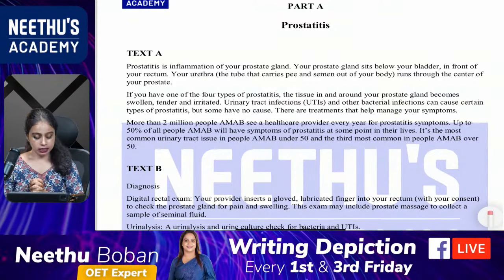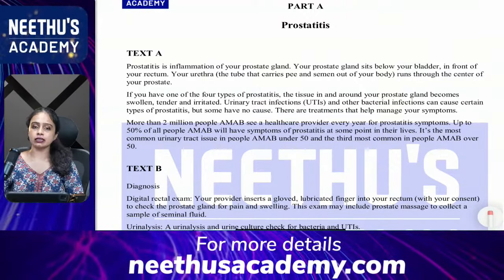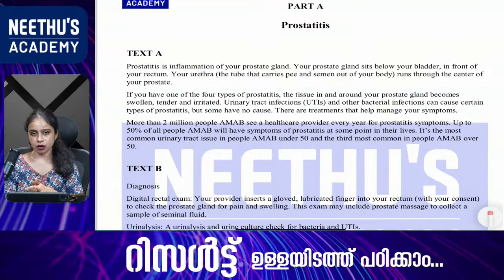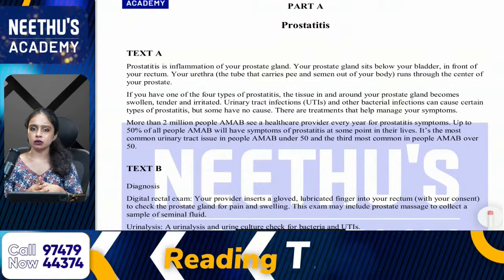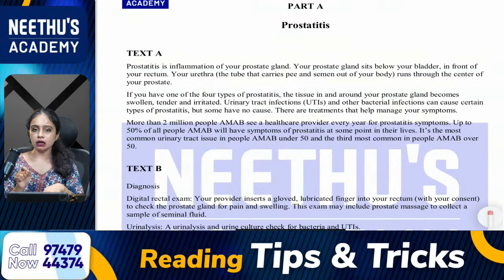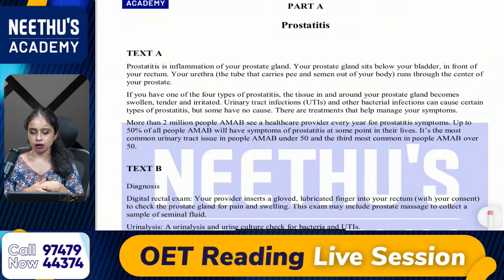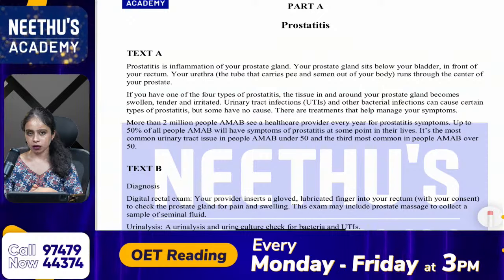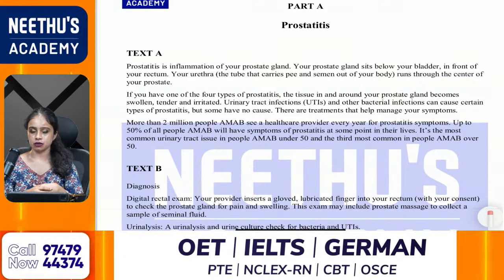So tell me, what is skimming and scanning? Skimming means fast or speed reading, whereas scanning means we are picking some important words from the text. As you know, we have 4 texts: text A, text B, text C and text D. From these 4 texts, we are picking out some important words.